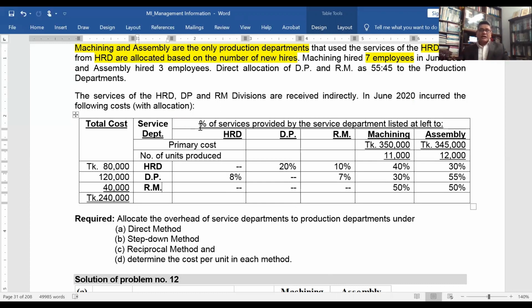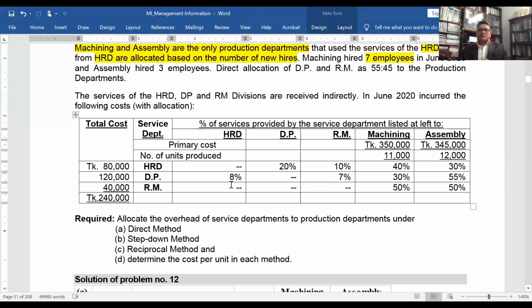Look here, the HRD is 20% cost for data processing unit, 10% cost for the risk management, 40% cost for machining, directly production, and 30% cost for assembly.